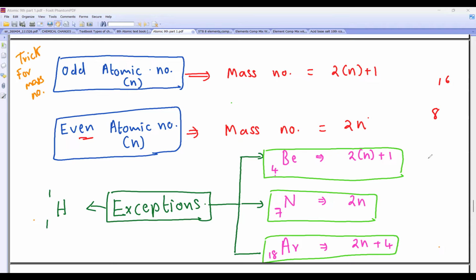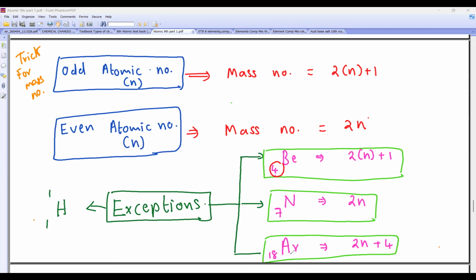Is this clear? If your atomic number is 20, then mass number will be 40. But there are a few exception cases. What are the exceptions? Although beryllium is an even number, the rule for this is what, beta? 2n plus 1. This is an odd number, na beta? But for this it is 2n.